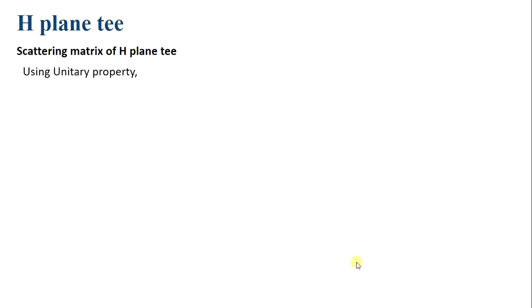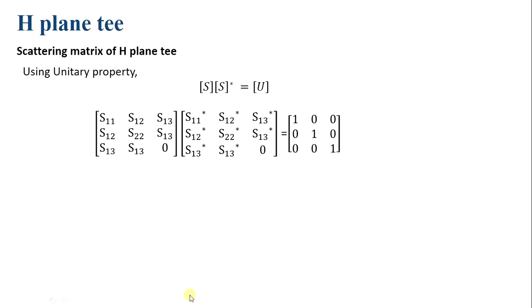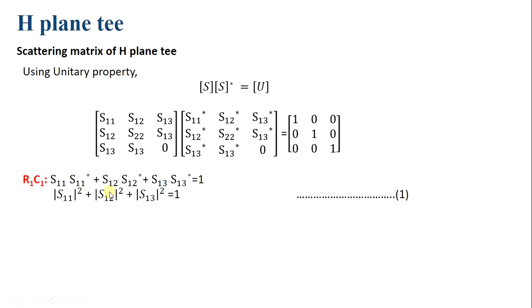Now using the unitary property, that is the scattering matrix times its conjugate transpose equals the identity matrix, we get this equation. If we calculate row 1 and column 1 and equate it to 1, we get mod S11 squared plus mod S12 squared plus mod S13 squared equals 1.